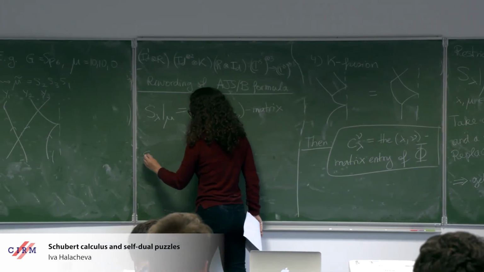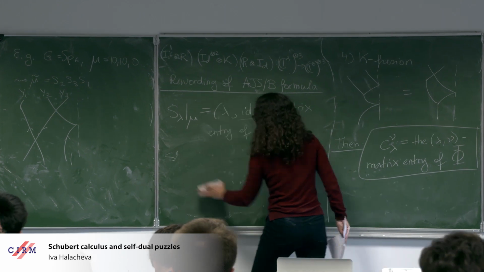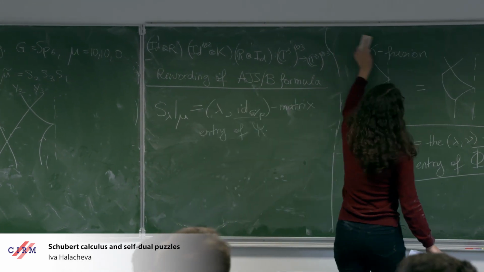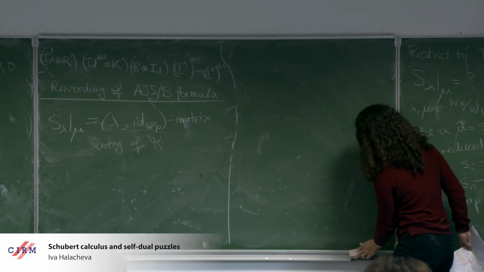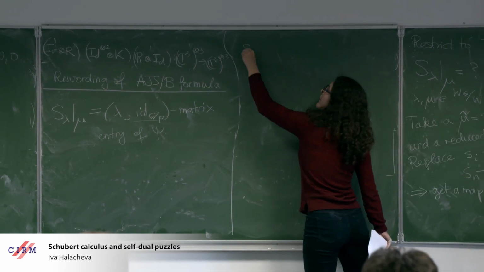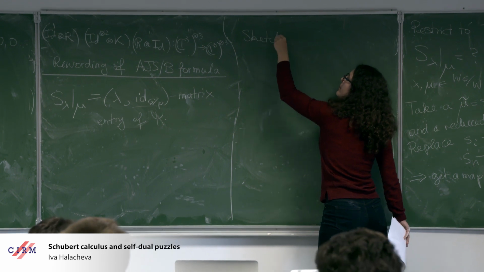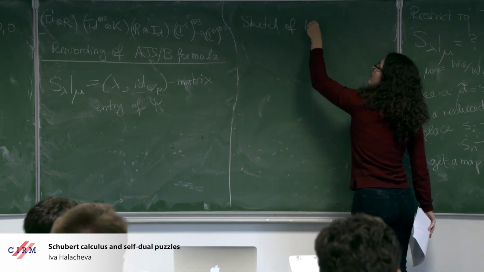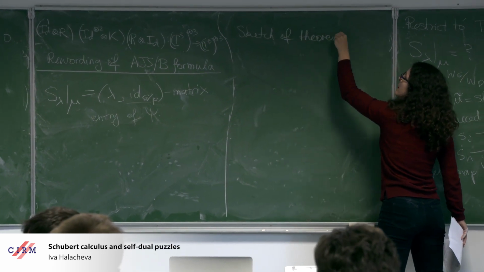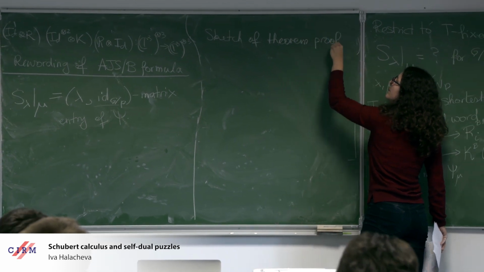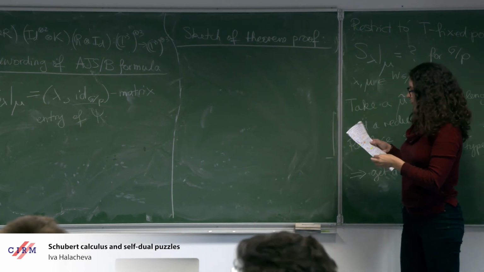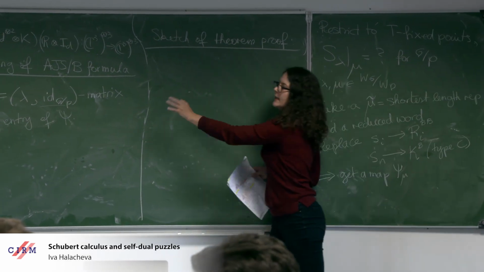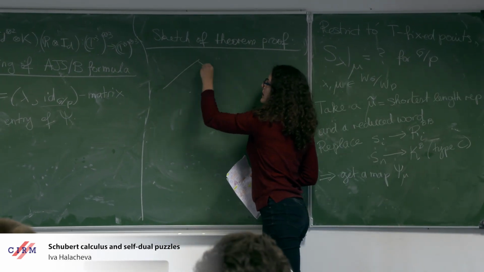So then the sketch of the proof of the theorem is the following. I'll just use boxes and triangles to indicate these diagrams.